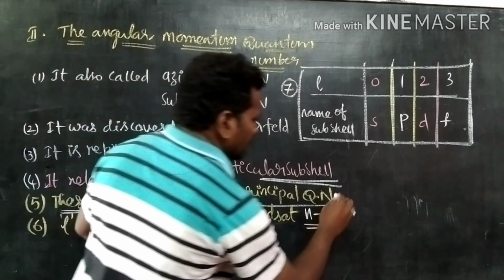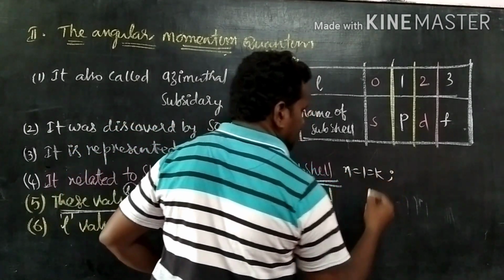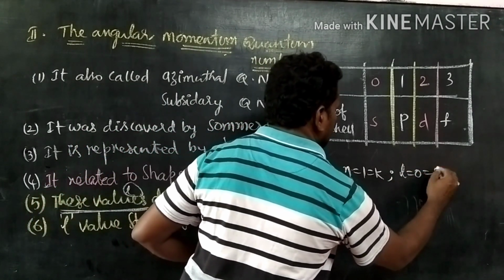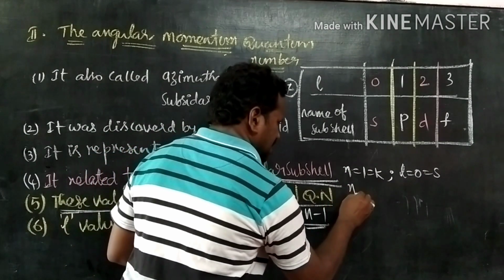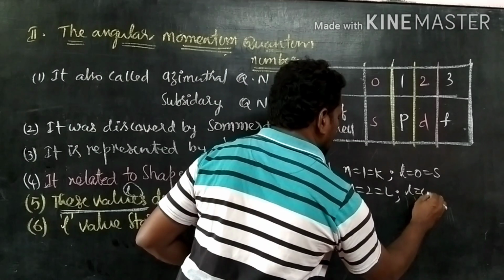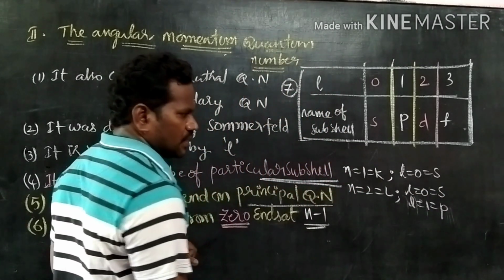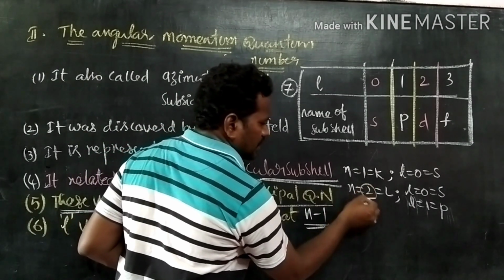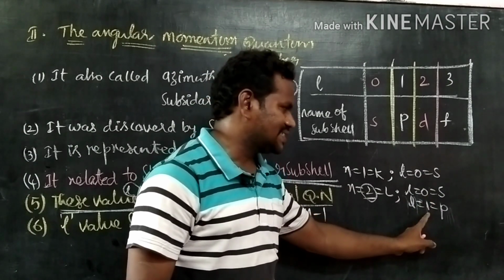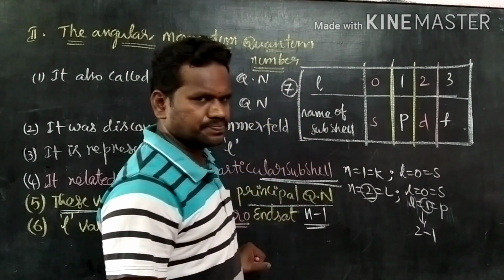For example, if we consider n equal to 1, that is the K level, it has only one sublevel, that is L equal to 0, called s. Where n equal to 2, that is L, it has two sublevels, they are L equal to 0, s, and L equal to 1, called p. If you observe here, n is 2, L value starts from 0 and ends at 1. This 1 can be written as 2 minus 1.